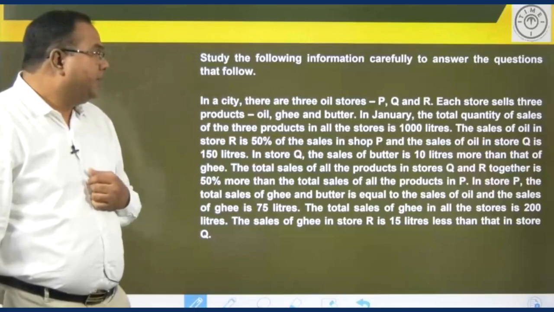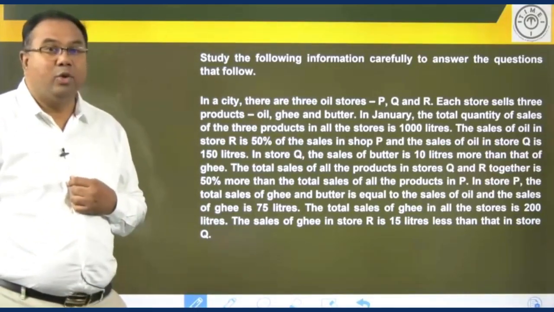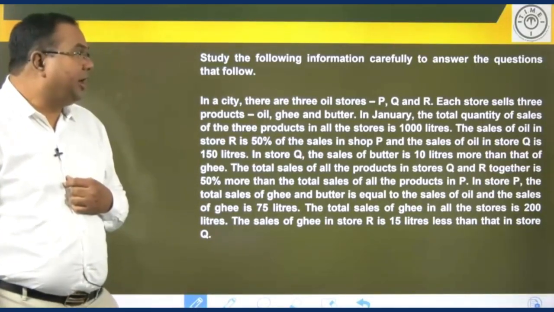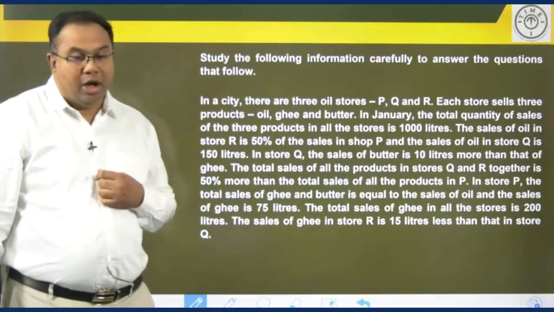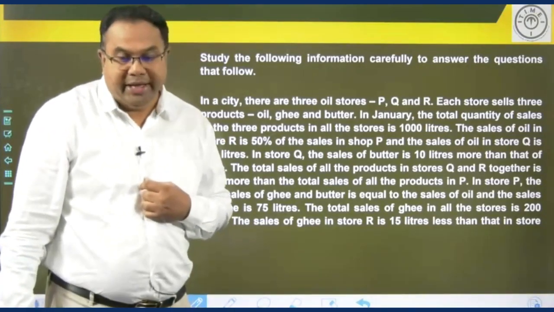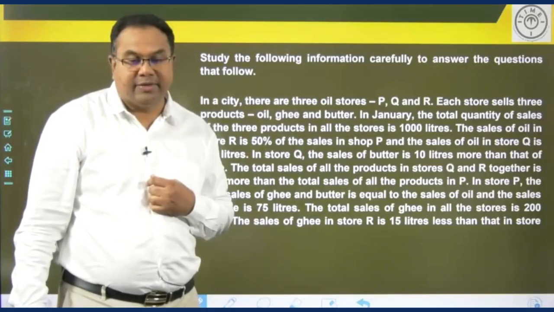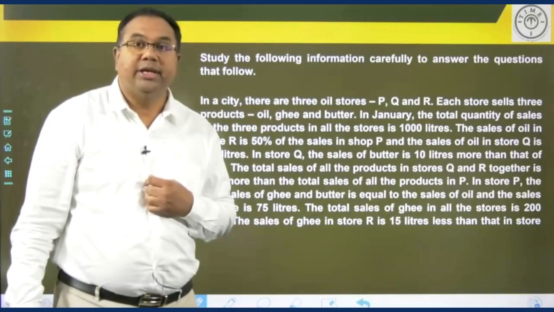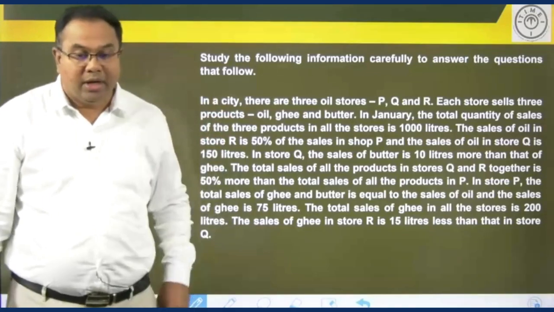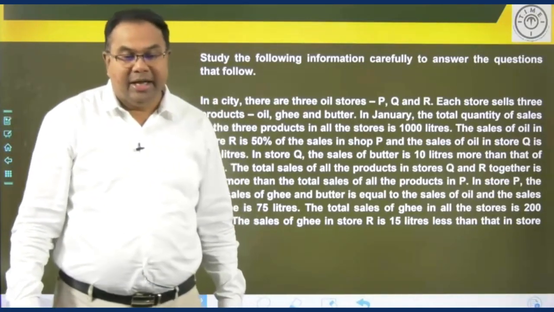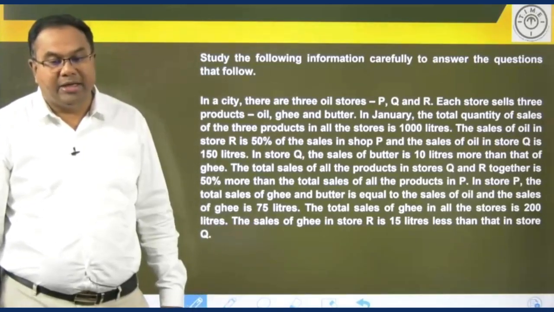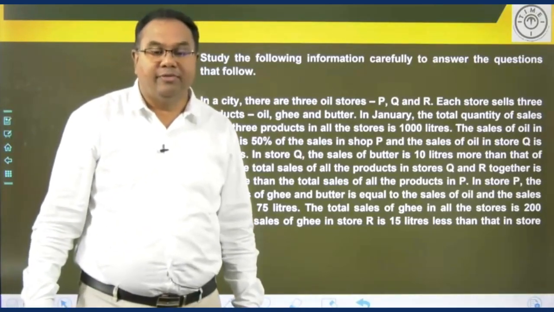Just look at this. This is how a caselet will look. In a city, there are 3 oil stores, P, Q and R. Each store sells 3 products: oil, ghee and butter. In January, total quantity of sales of the 3 products in all the stores is 1000 liters. Sales of oil in store R is 50%, and sales of oil in stores P and Q is 150 liters.